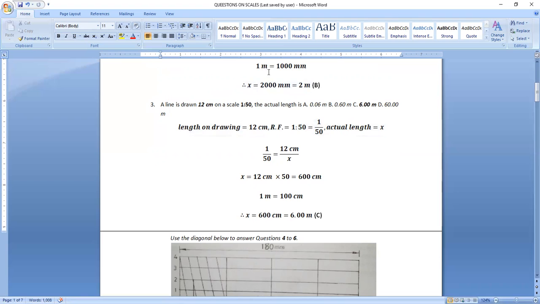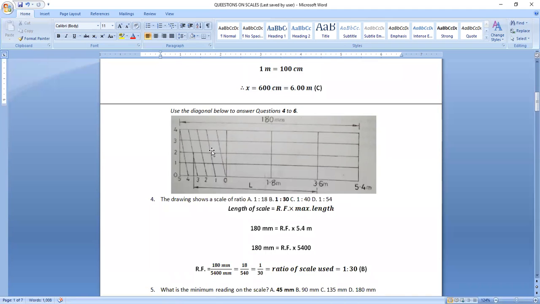So like what we did up here, we have RF, which is the scale. So we have 1 over 50 is equal to 12 centimeters over X. Then X is equal to 600 centimeters, and 1 meter equals 100 centimeters. So which means that the actual length is 6.00 meters. So option C is the answer to the question.